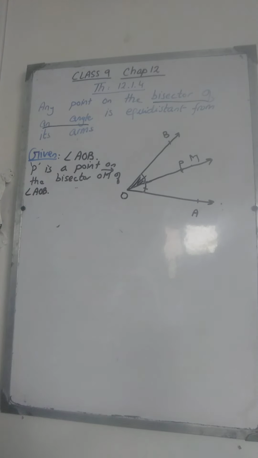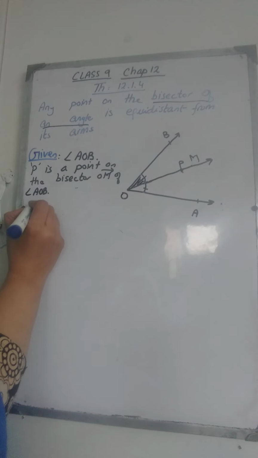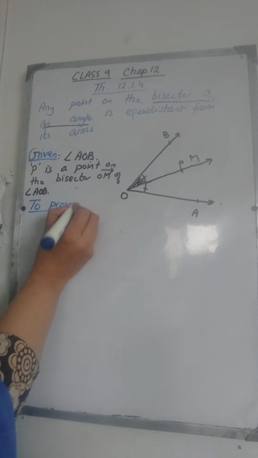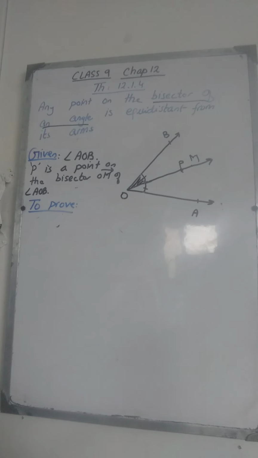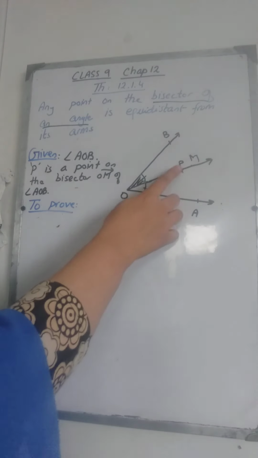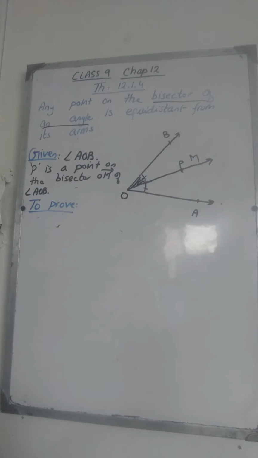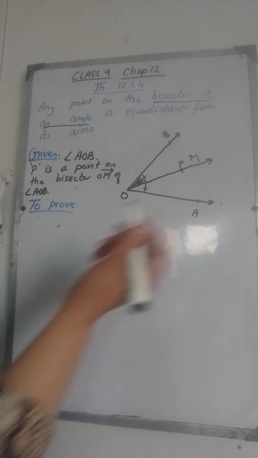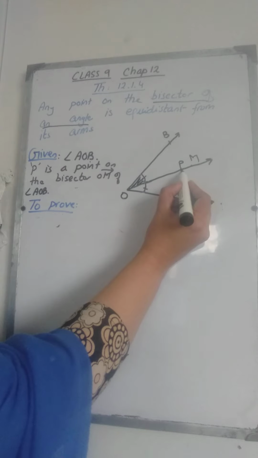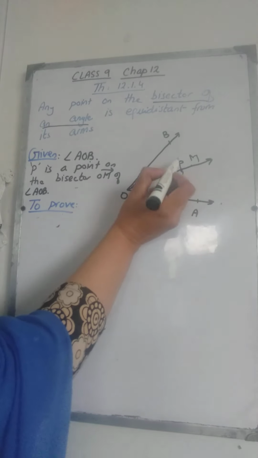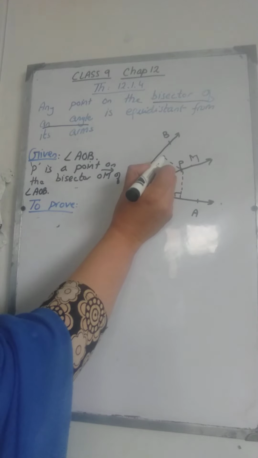What we need to prove is that the distance of P from OA and OB will be the same. Let me drop a perpendicular here, and this we are going to do in construction.